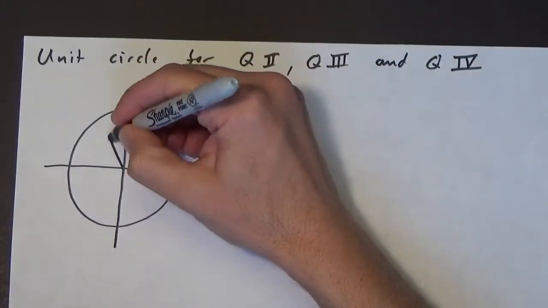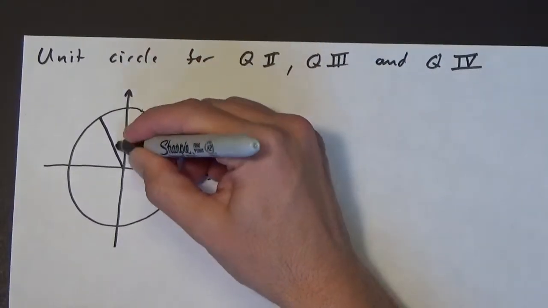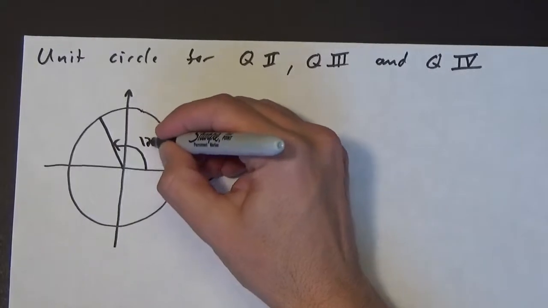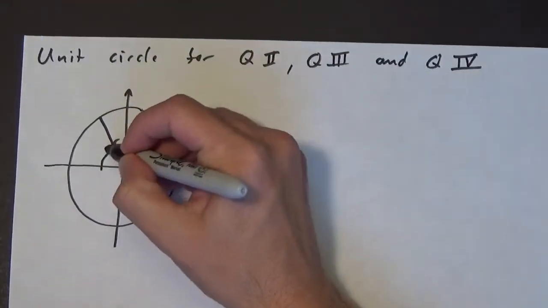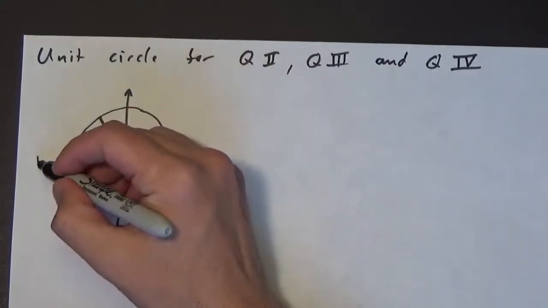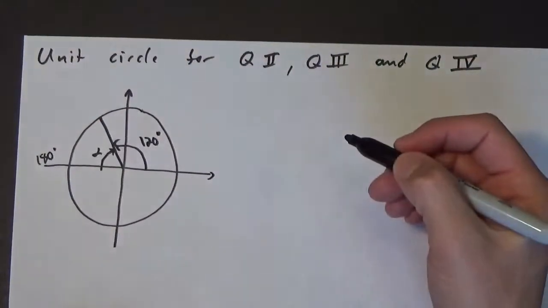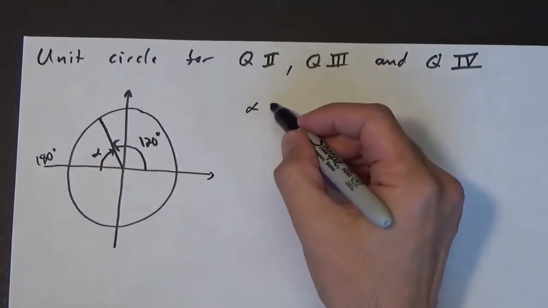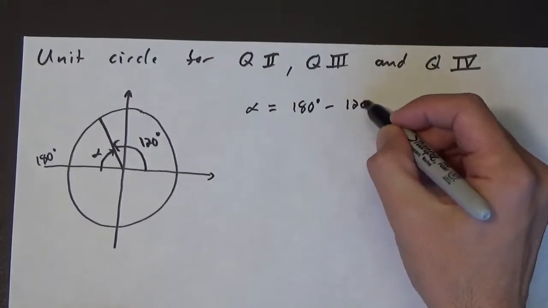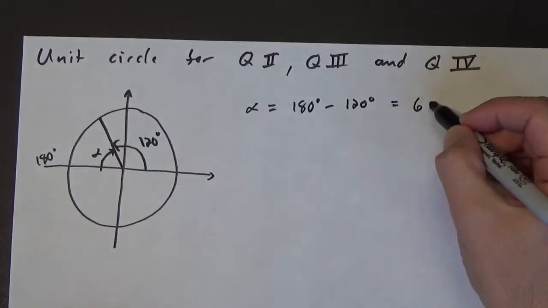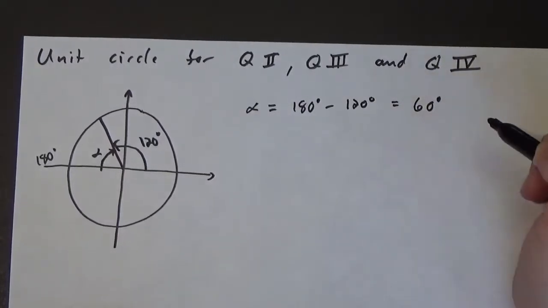Okay, so to remind ourselves, let's say I have my unit circle here, and let's say we want to figure out 120 degrees. Well, our reference angle alpha, where this is 180 degrees, is going to equal 180 degrees minus 120 degrees, which is 60 degrees.